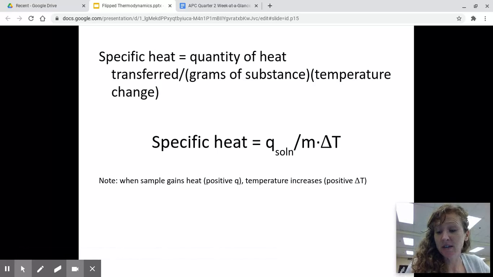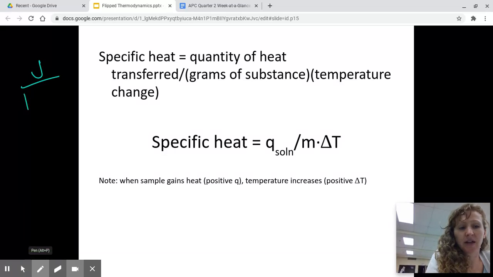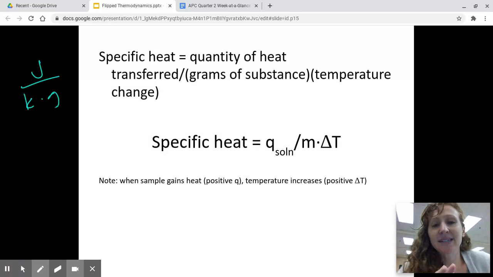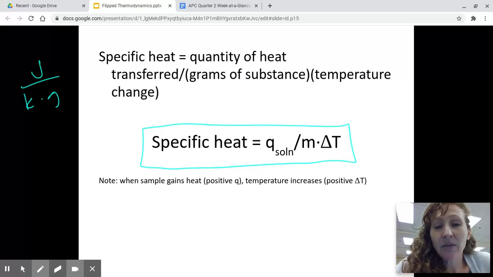Just one last thought here, and then we'll revisit practice problems in the next video. You can start with the idea of a specific heat capacity in joules per Kelvin gram, and you can actually turn this into a formula. Here we have a formula for specific heat, which is the quantity of heat transferred per gram per temperature change.